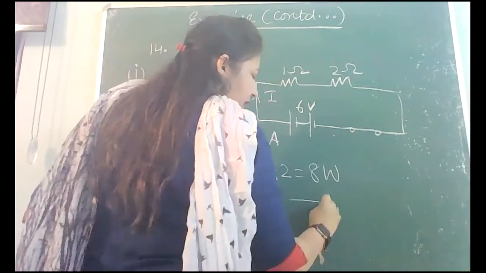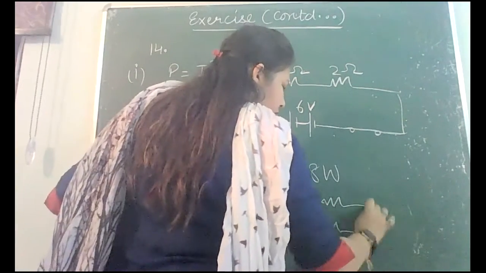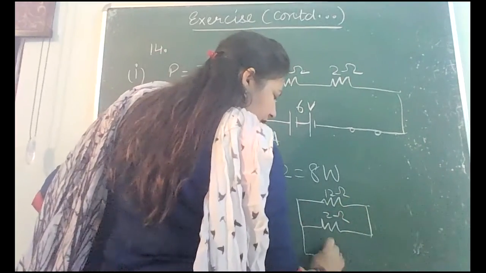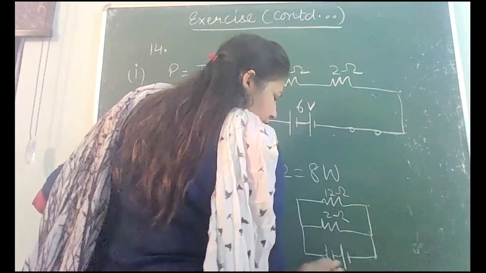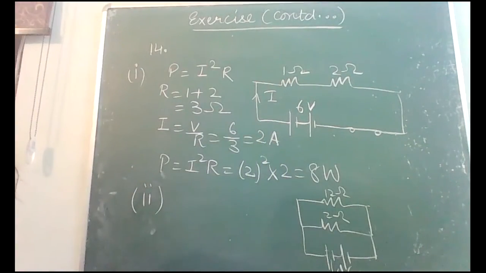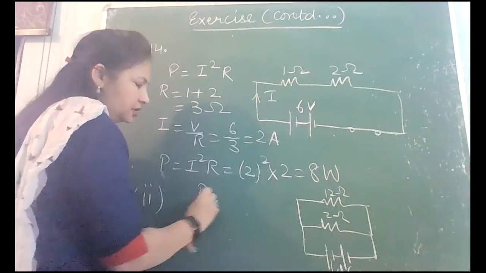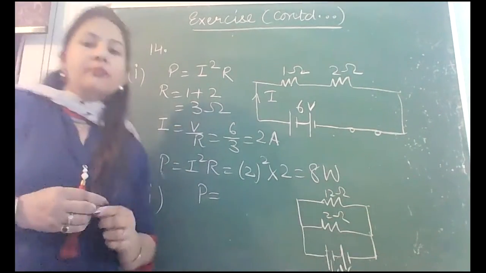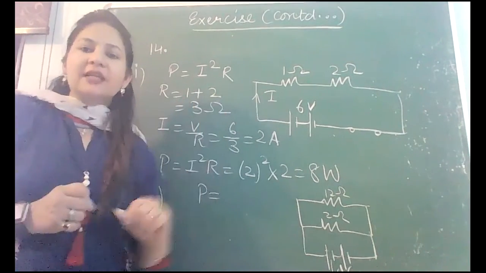In this case, we have two resistances of 12 ohm and 2 ohm, and they are connected in parallel to a battery of 4 volt. So again we have to find the power through the 2 ohm resistor. When we have a series combination, students, we always use the I square R formula because I is the same.